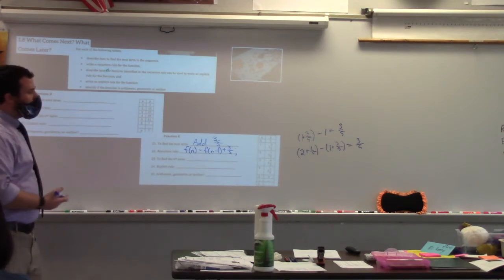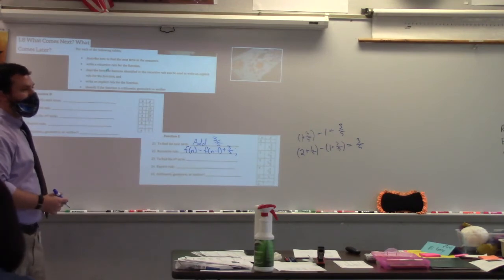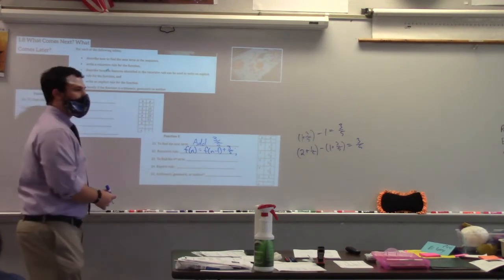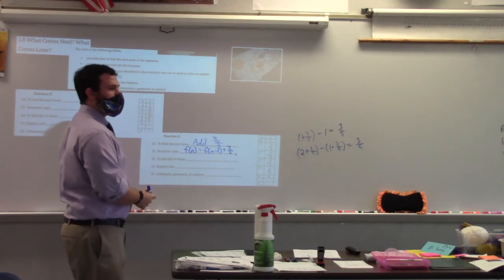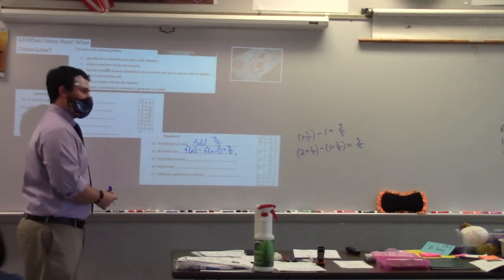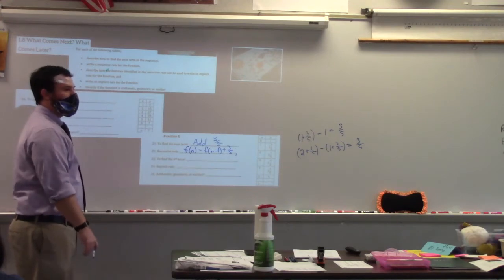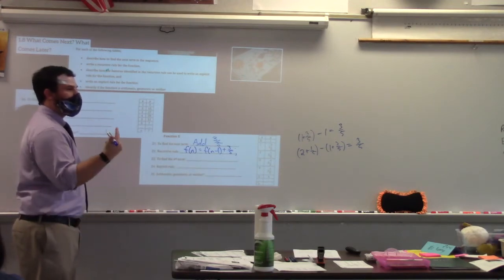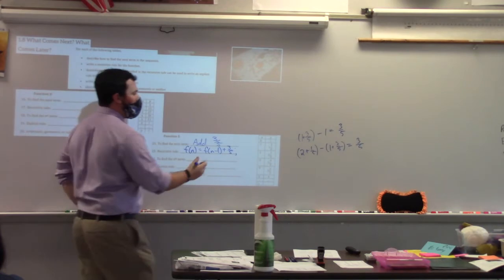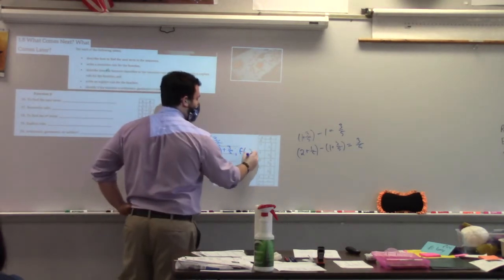So Jamari, where would you say we're starting the sequence at? I mean, just look at the table. Where does the table start? 0, comma 1. So I could say f of 0 is equal to?